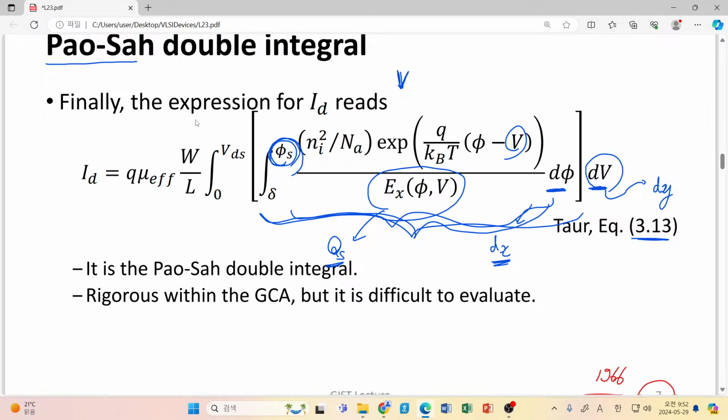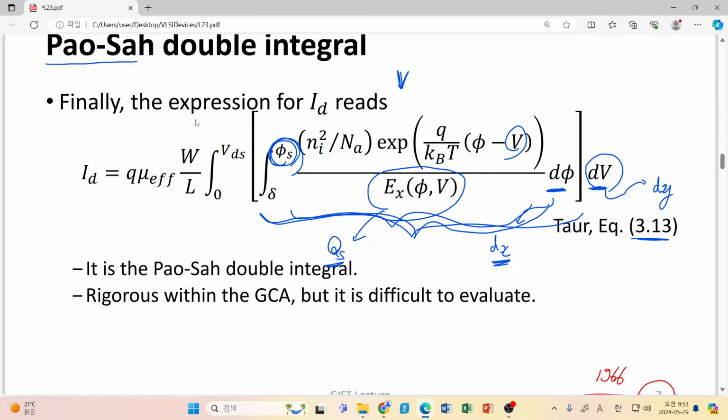So we want to avoid as much as possible introducing any further approximation. This Poisson double integral did it without any further approximation. So this is, how can I say, the king of drain current expressions. We love it, but it is almost impossible to be practically used.